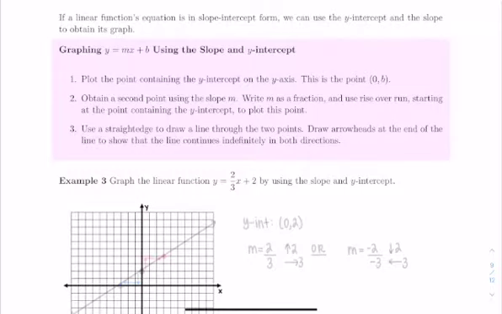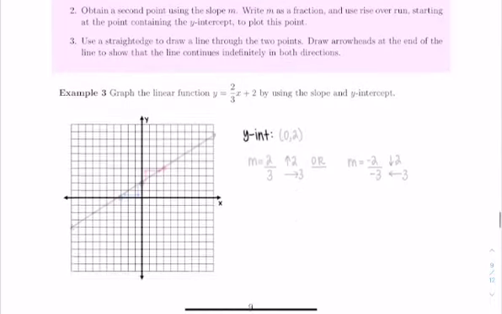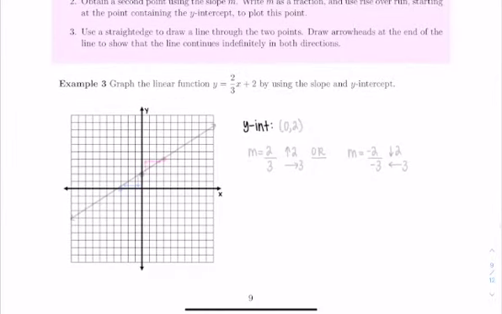So let's go ahead and look at example number 3. The first thing we need to know is what is the y-intercept, because that is the first thing that we're going to plot. So looking at y equals 2/3 x plus 2, remember it's the piece that is not attached to the x.